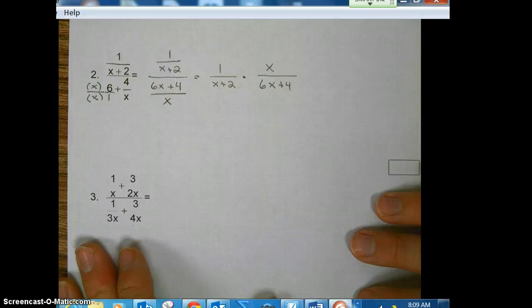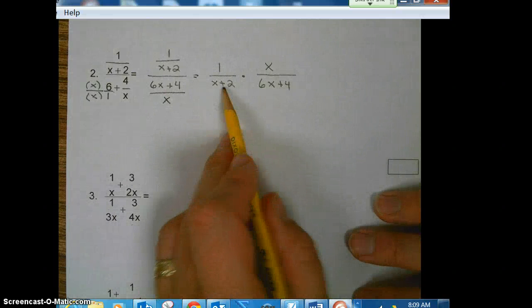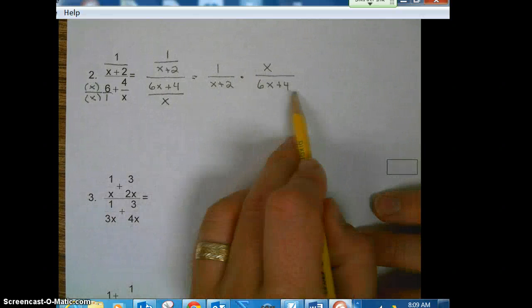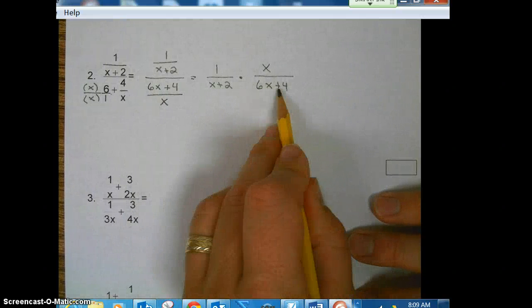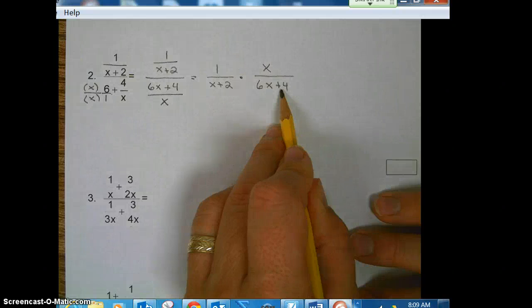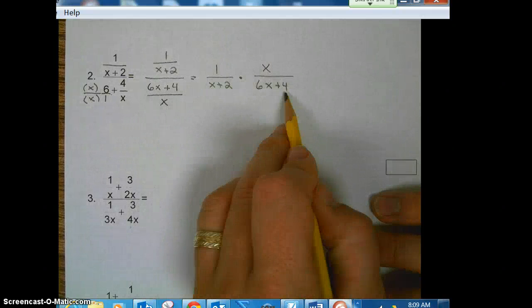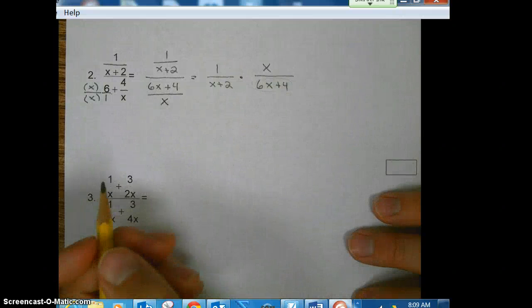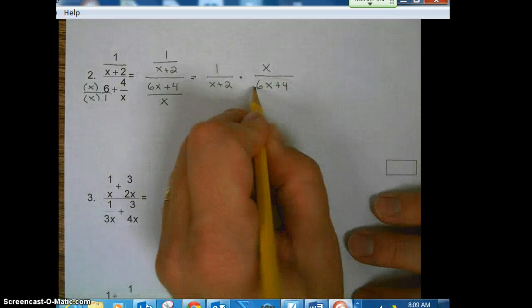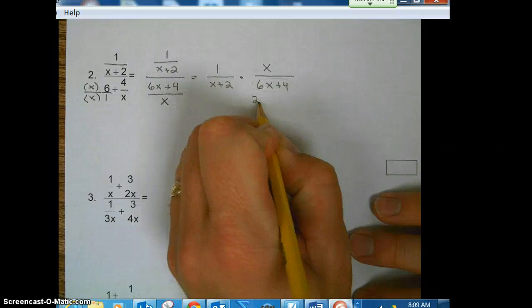Next thing we want to do here is see if we can cancel anything. Also remember, we want to factor anything that we can, and if you'll notice here, we can factor out a 2. So let's factor out a 2.